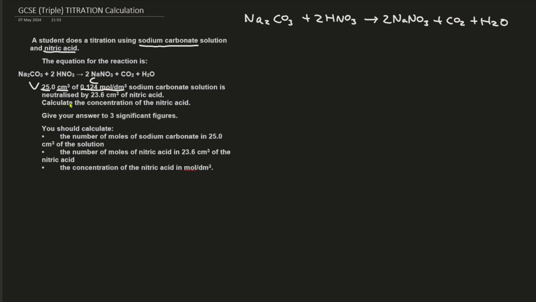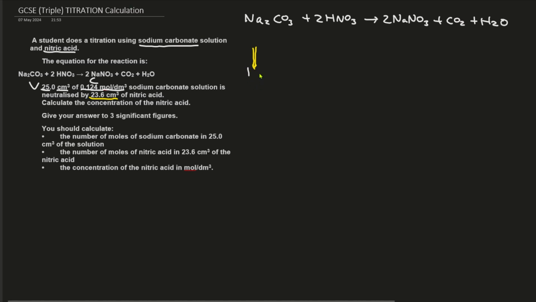Now it's neutralized by 23.6 centimeters cubed, which is the volume again, but this time of our acid, nitric acid. Now, if you guys have seen the titration setup, it could be something that looks like this. So you have your burette and you have your conical flask.